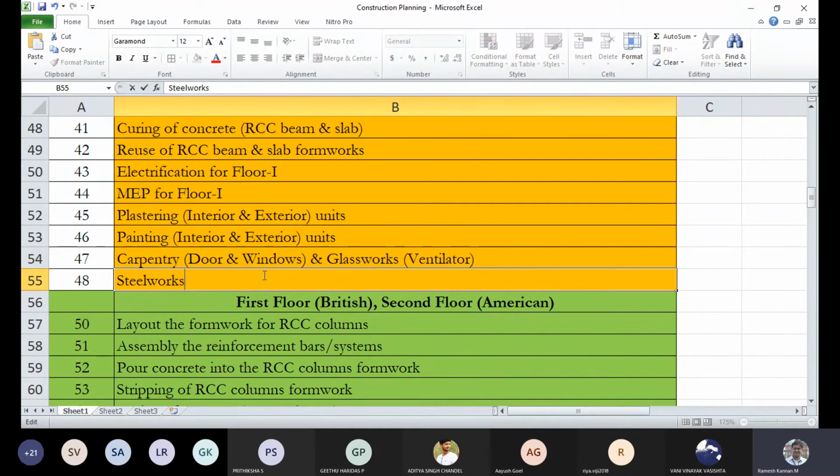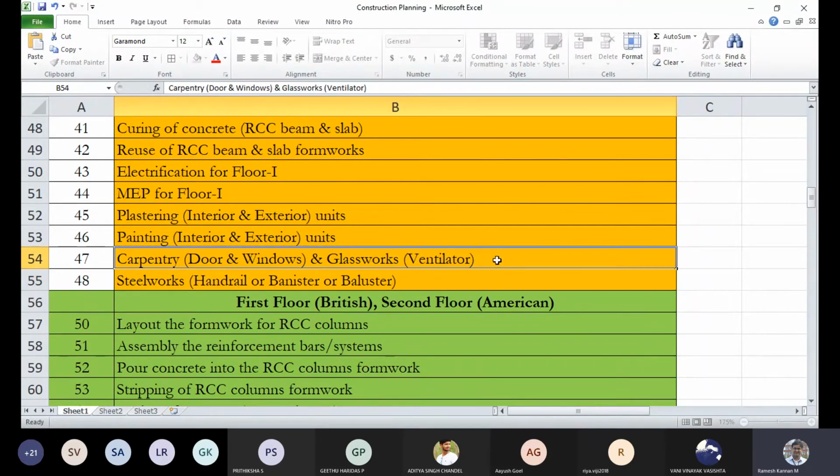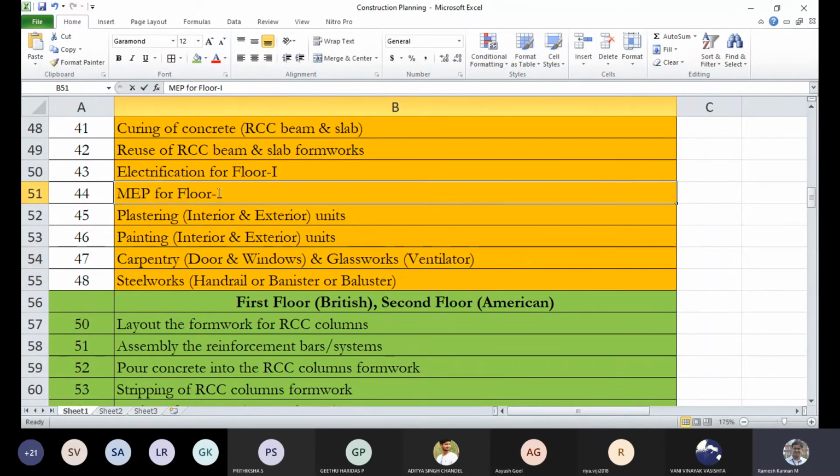Steel works in case it has something like handrails, banisters or balusters, architectural things. Steel works. This is for floor 1.